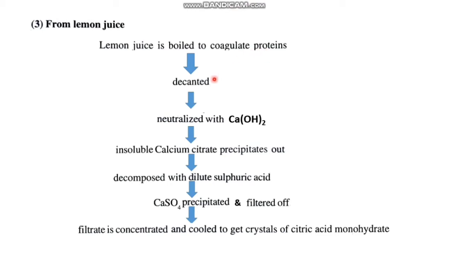Then it is decanted, boiled again, and then neutralized with calcium hydroxide, or lime. When we neutralize with lime, we get an insoluble calcium citrate precipitate.